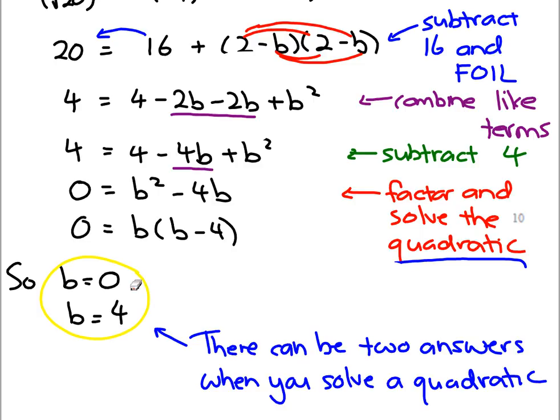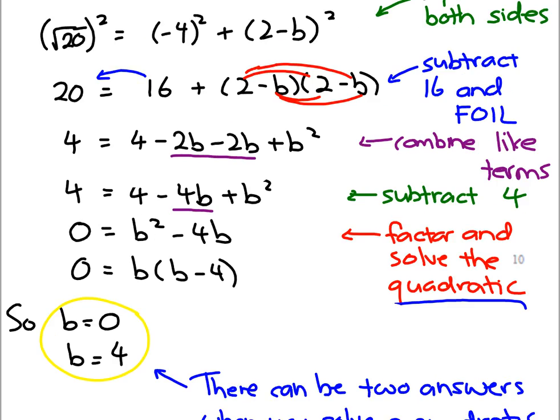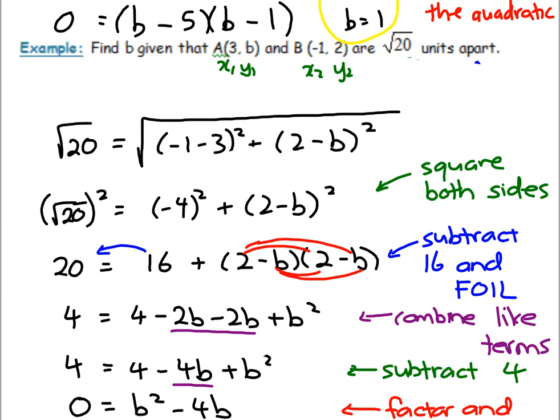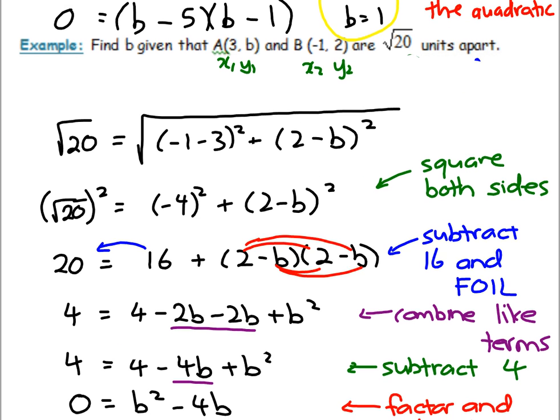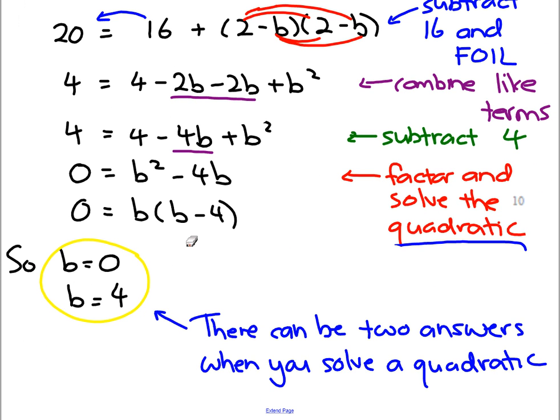So we've got b equals 0 and b equals 4. And again, it's because you can have 2 distances. b is the y-coordinate in this case, so the x-coordinates are fixed, but the distance between them could be from here, up here, or down here, so long as the distance is square root of 20. So that's why we can have 2 possible answers, one where it's up here, one where it's down there.